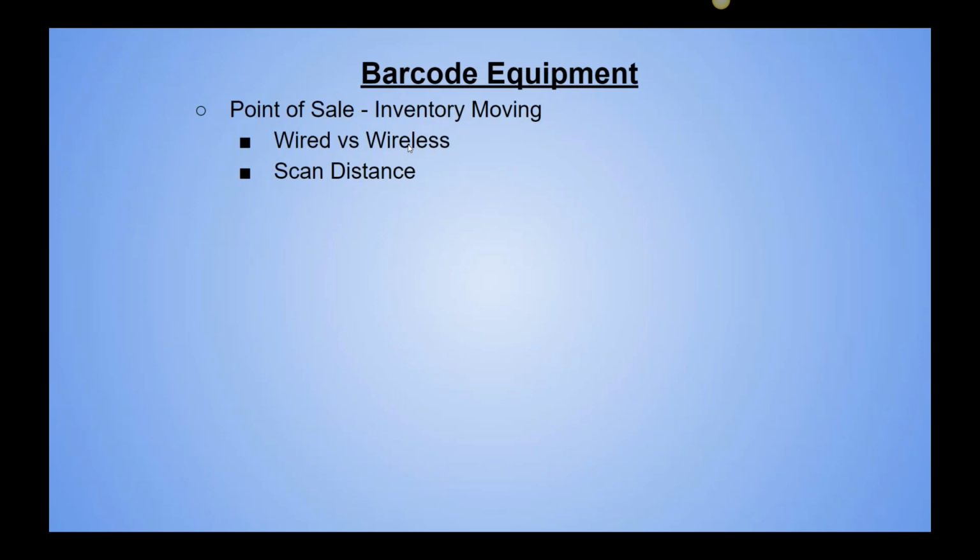Do I want wireless? Bluetooth? You know, there's all different kinds of ways that it can connect to a computer. How far away do I want to be able to scan the barcode from? Right. So some of these will go for 30 feet or so, right? And so that is one thing that you need to decide, and it really affects the price. The farther away it is, the more expensive it's going to be.